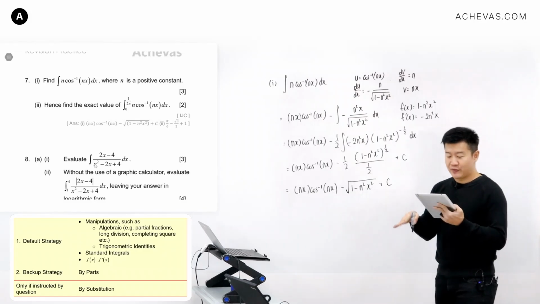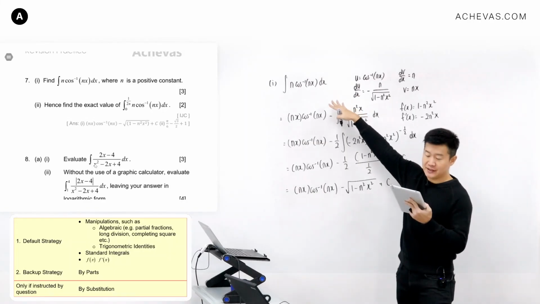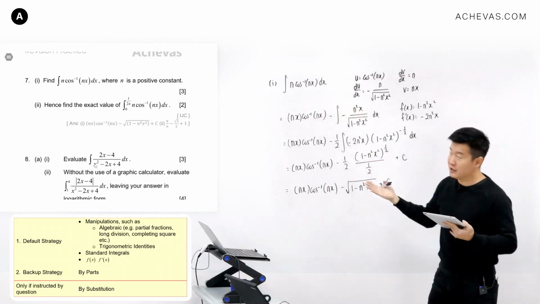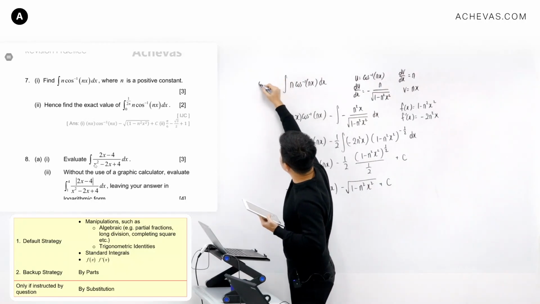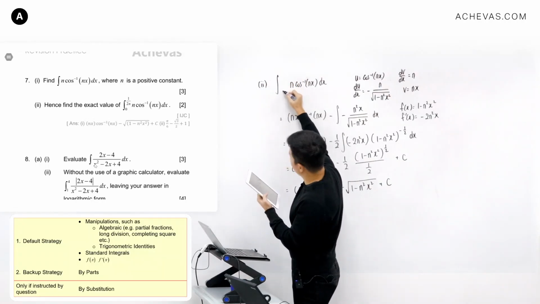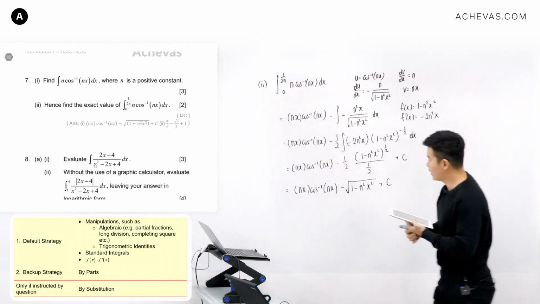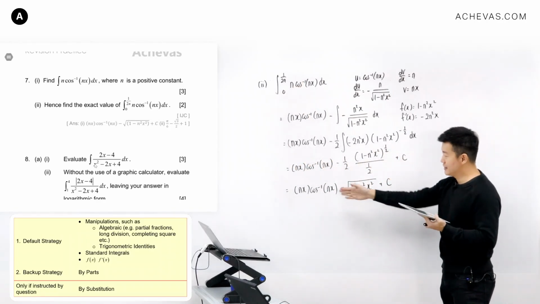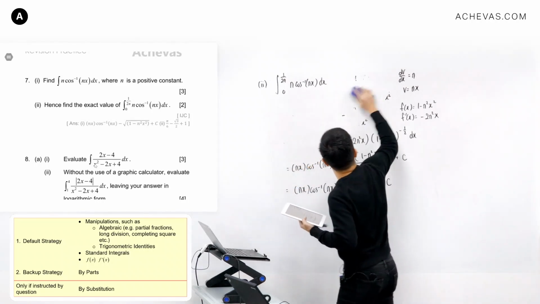Hence, we are supposed to find the exact value of the integration of this again, but now with a definite integral. So in part 2, it is integrating this from 0 to 1 over 2n. So we're going to be making use of this set of results here. Let me erase this.